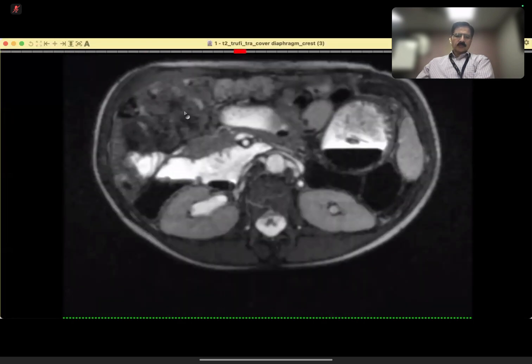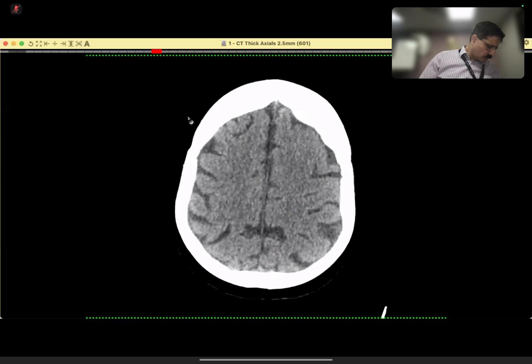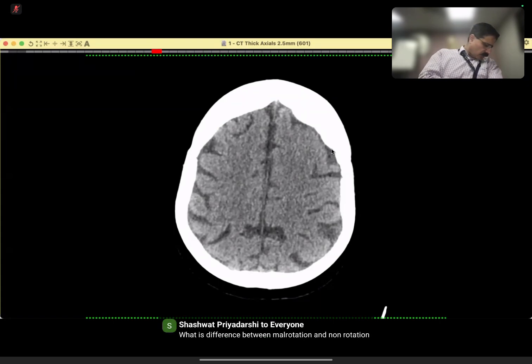Last case for you. A 69-year-old female, who had an unwitnessed fall, hit her head on the floor, persistent vomiting, and she is on blood thinners.